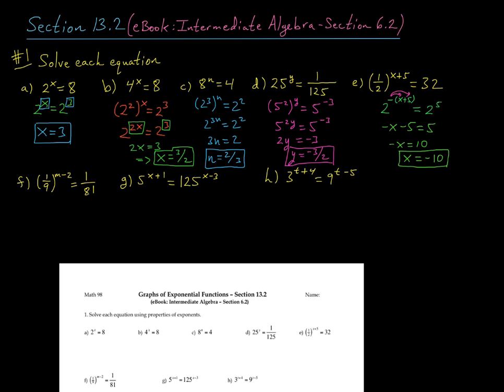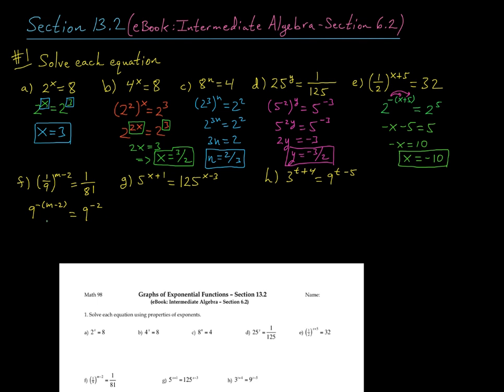Okay. Well, 81 is 9 squared, and so we could use a common base there of 9. And then much like what we just saw in E, since I have a 1/9, I'm going to say this is 9 to the minus the quantity m minus 2. And then 1 over 81 would be 9 to the minus second power.